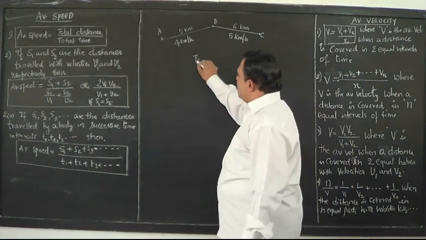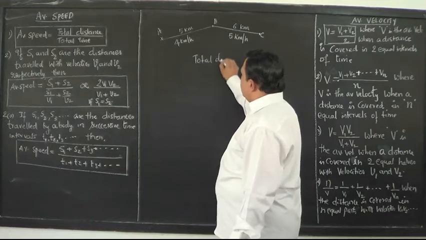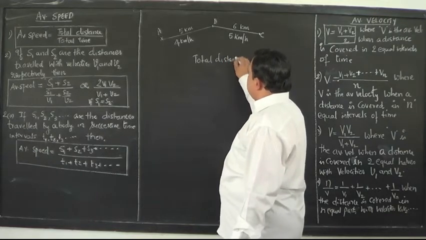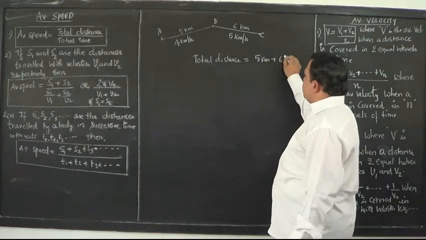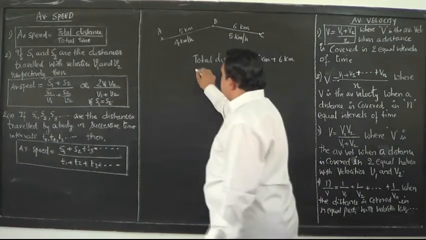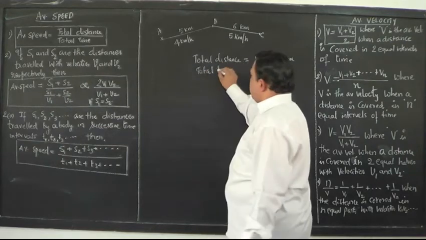So what is the total distance? Total distance in this case is 5 kilometers plus 6 kilometers. And what is the total time he has taken?